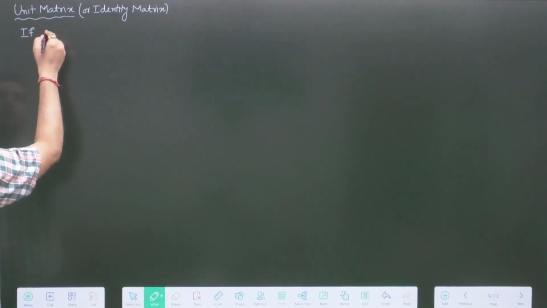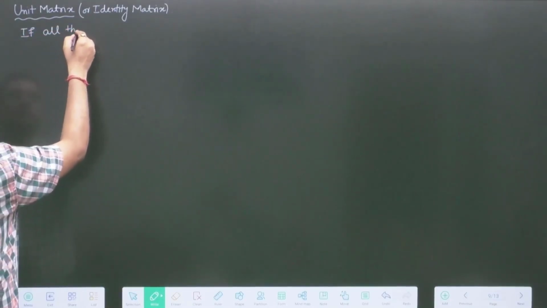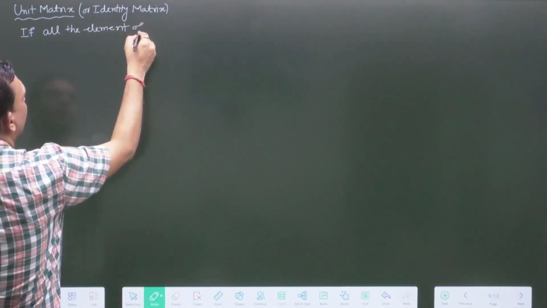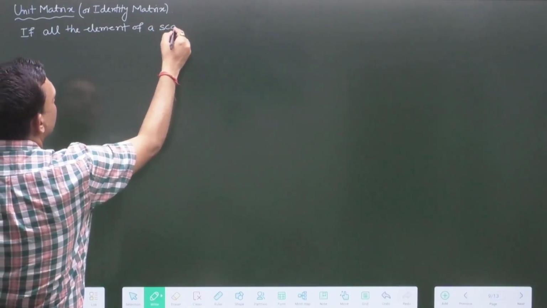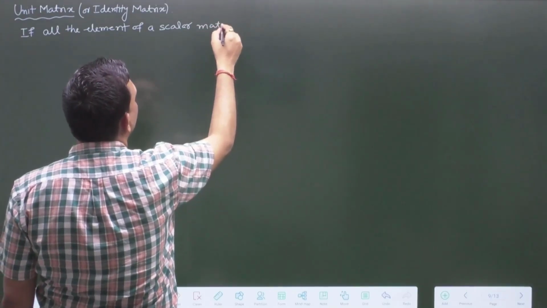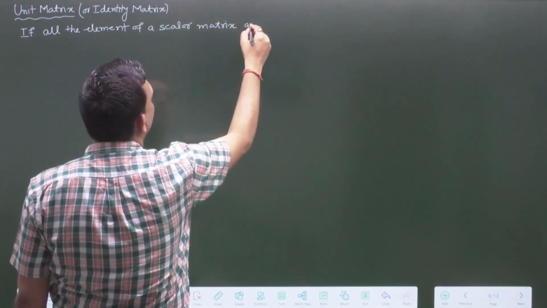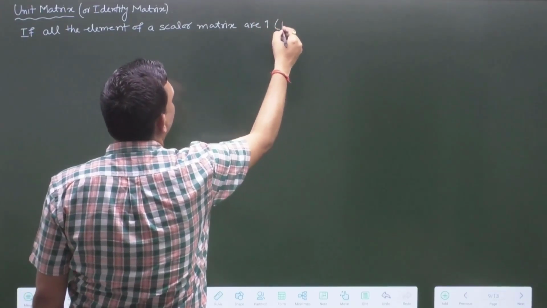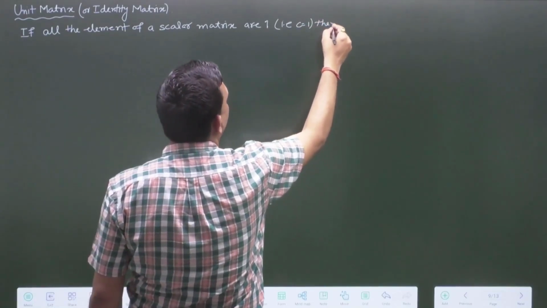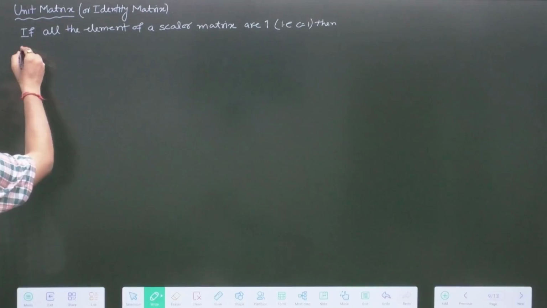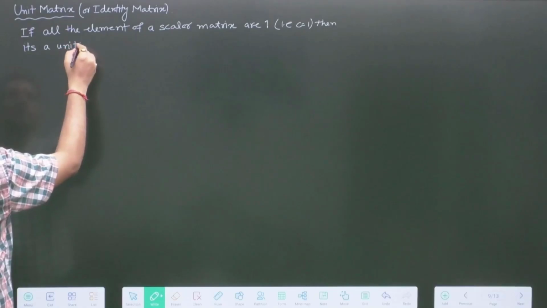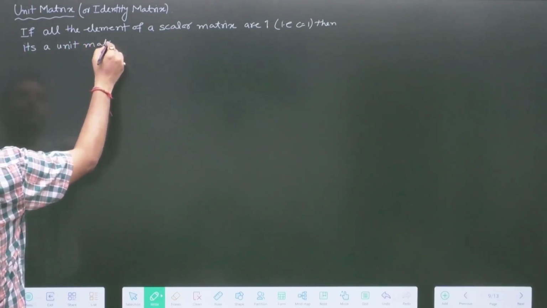If all the elements of a scalar matrix are 1, that is, c is equal to 1, then it's a unit matrix or identity matrix.